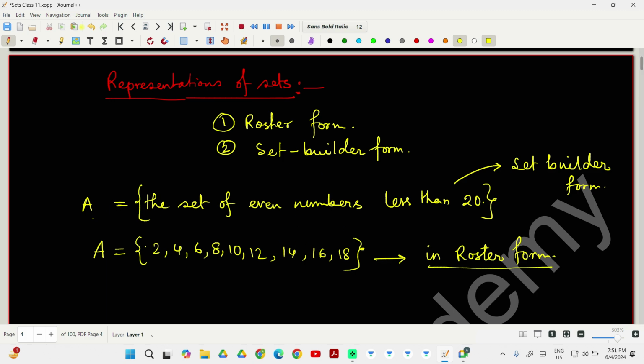And if we write the set in two curly brackets such that there is one common property that is shared by the elements of the set, and we write that statement, that will be set builder form.